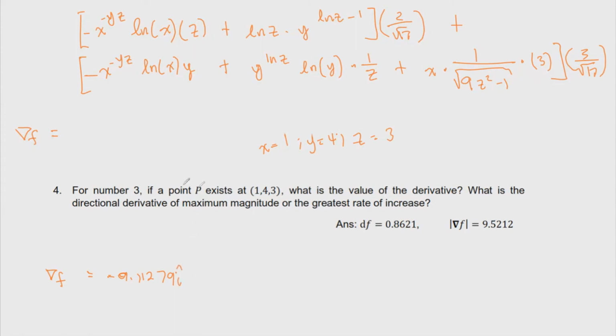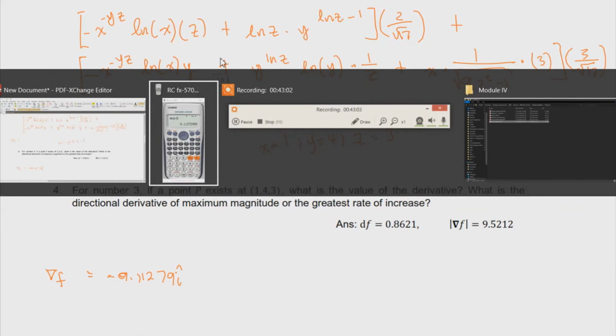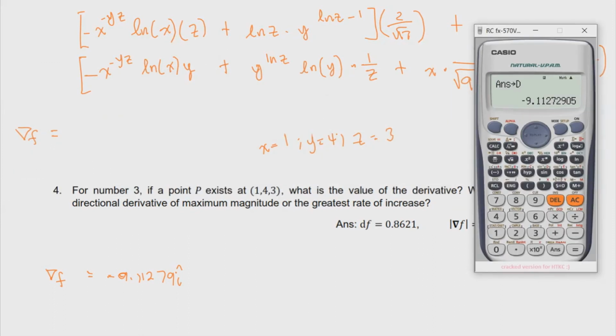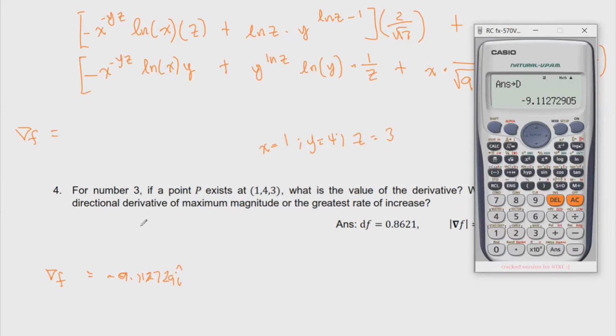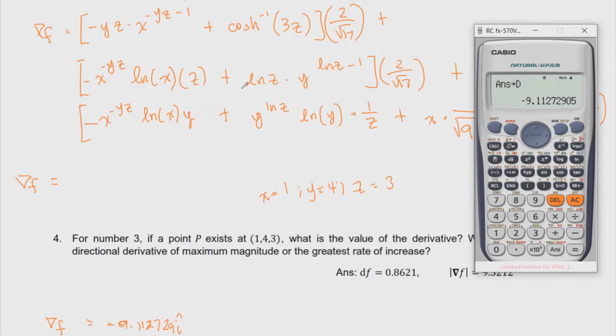Okay, so going back, let's have the second expression. I think I mistyped this answer. It should be something like negative 9.112729. Okay, so let's proceed with the next term.